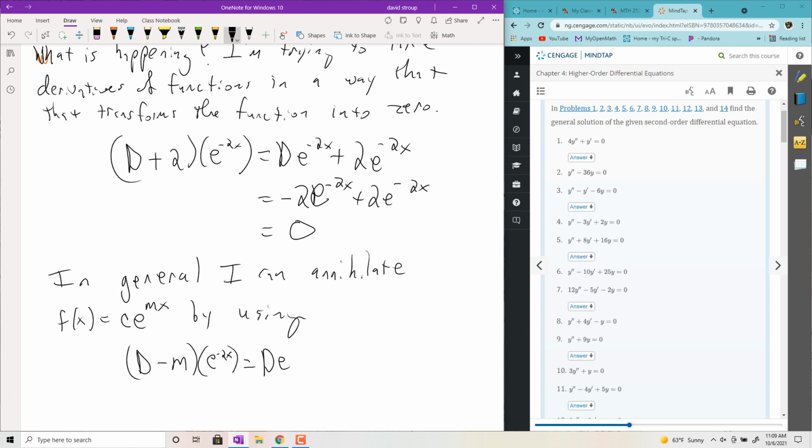You have the derivative of c e to the mx minus m times c e to the mx. The derivative of the first part is c e to the mx times m, so you get m c e to the mx, minus m c e to the mx. And of course that will be 0.